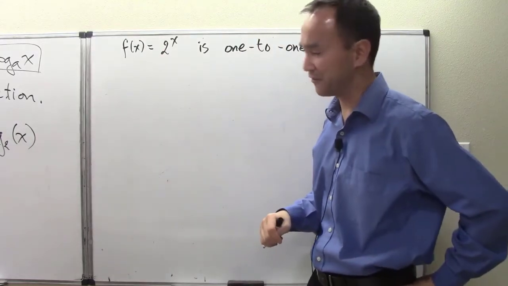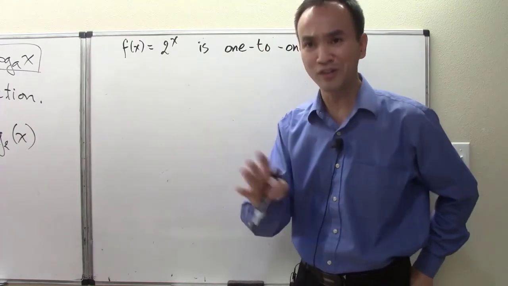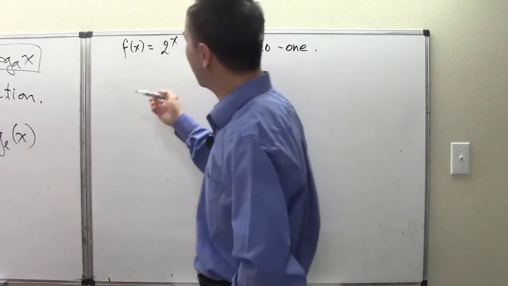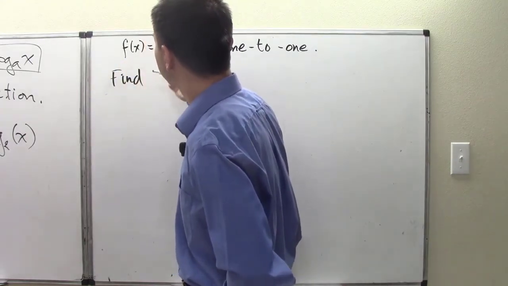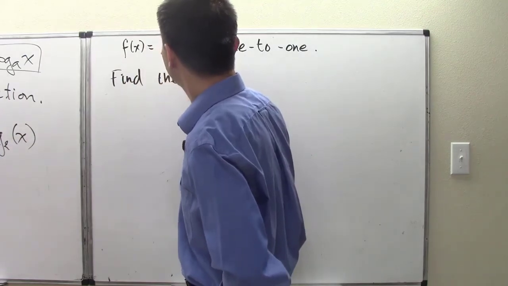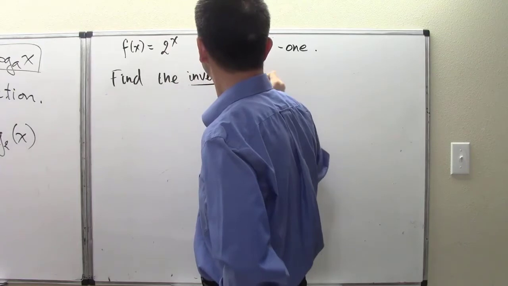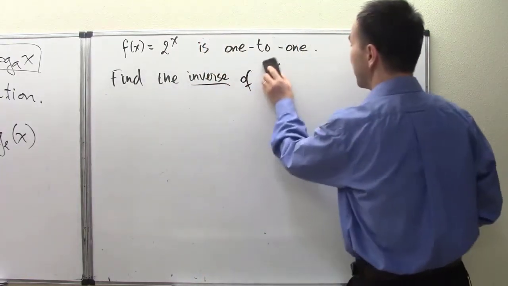Now it's time to bring back some past learning material. So let's find the inverse function of 2 to the x. Let's find the inverse of f of x equals 2 to the x.